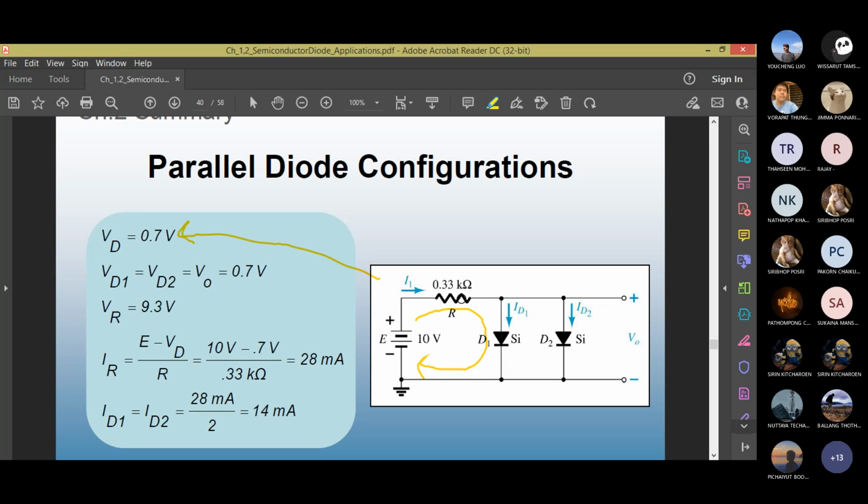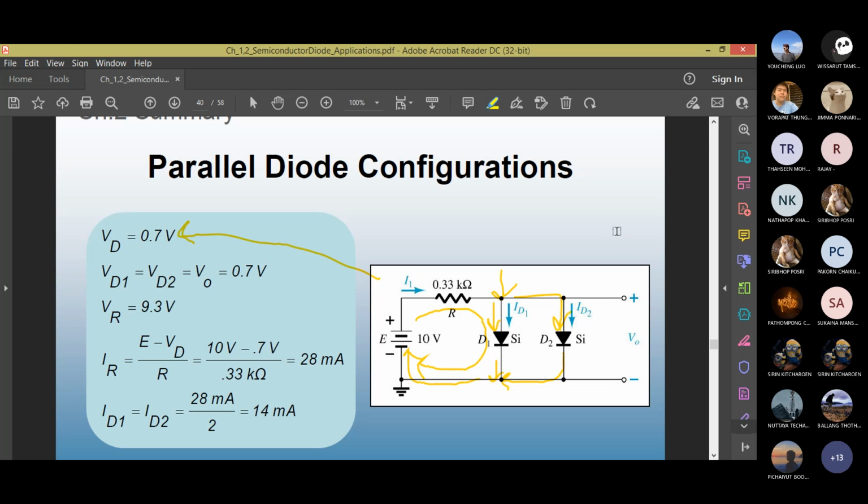When the 28 milliamp current comes to this node, what happens? Kirchhoff's current law. A part goes to diode 1, the other part splits to diode 2. And then this current comes at the bottom. This current flows clockwise. They join and go back again in the circuit.